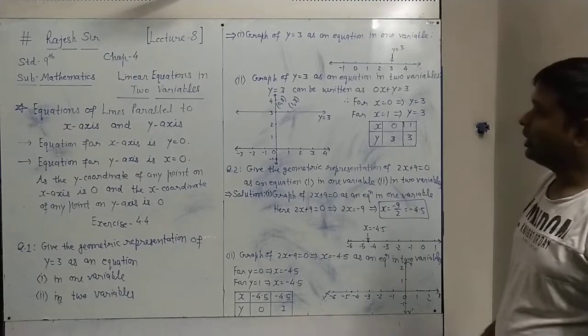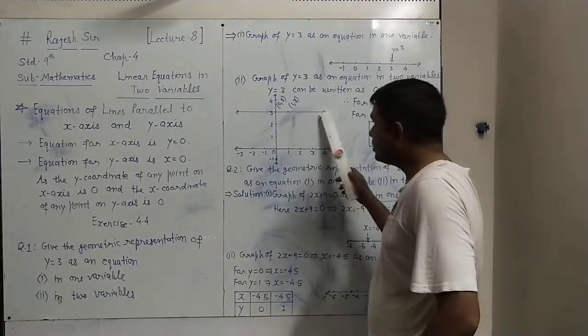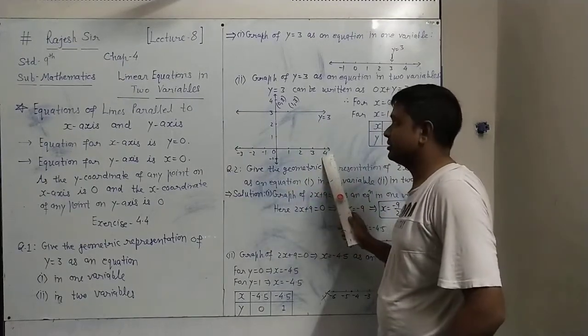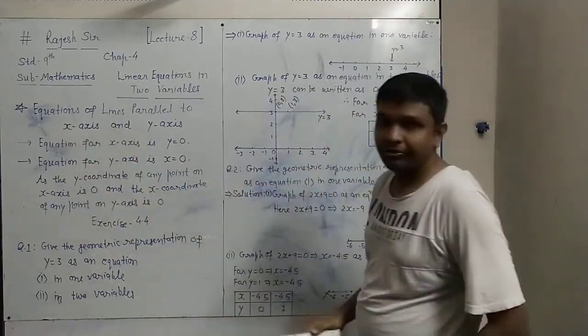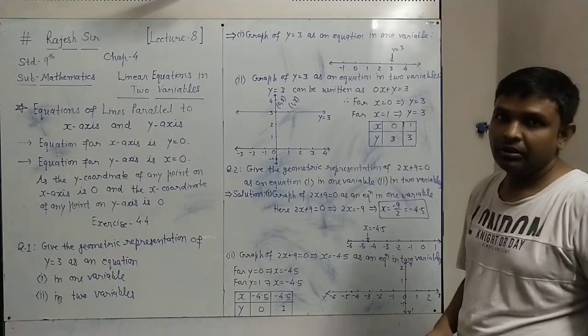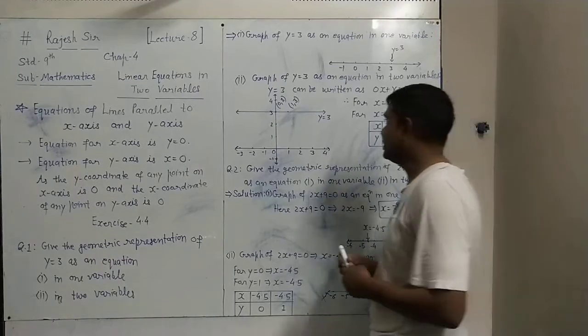Similarly, one more thing you have to consider is that this y equal to 3 line is parallel to the x-axis. So a graph parallel to the x-axis will always be y equal to something, some real number. Parallel to the x-axis will always be in the form of y equal to some real number.